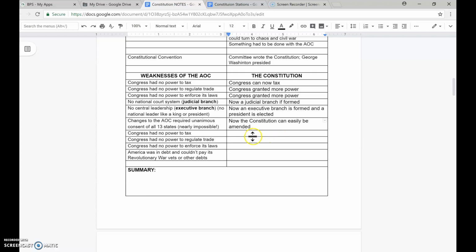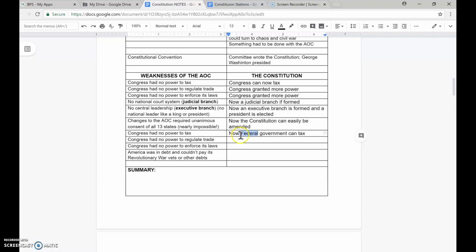All right, Congress had no power to tax. Now let's just say federal government can tax. Okay, now understand when I say federal government, there's different words for this. Federal government, national government, central government.